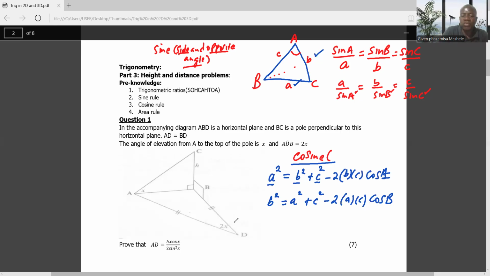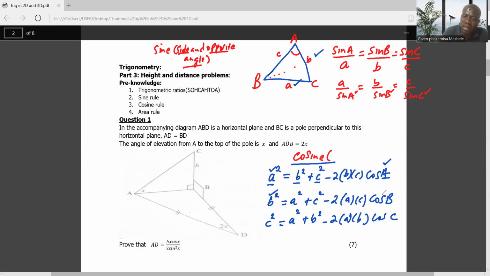Angle B. If I want to consider the last side, c squared, I have squared c. What are the remaining sides except c? Obviously, small letter a and small letter b, minus 2 times a and b, cos of angle C.